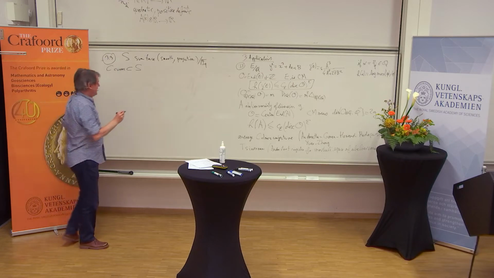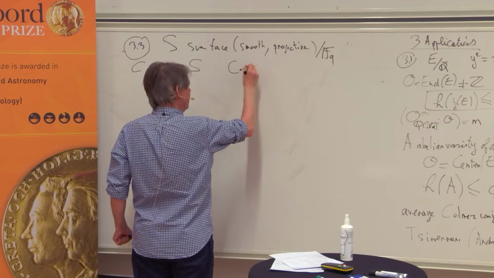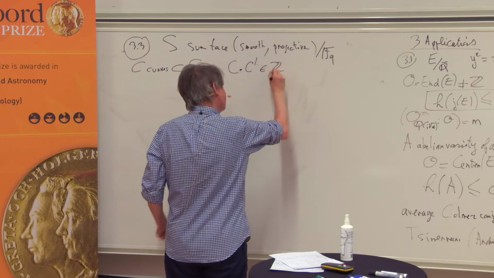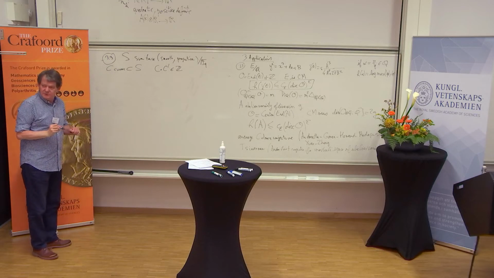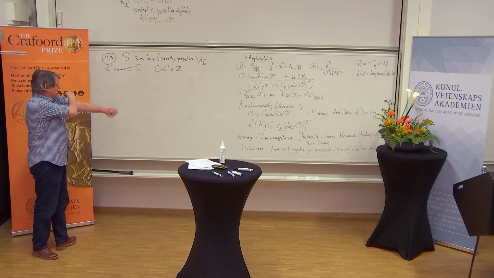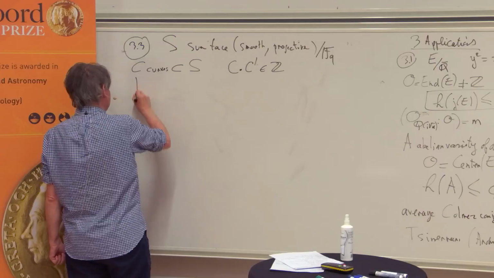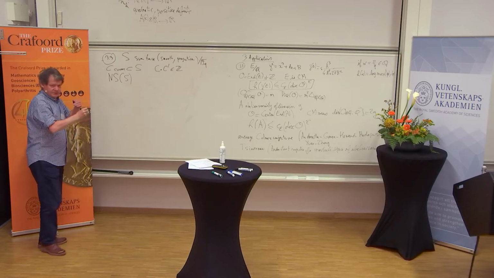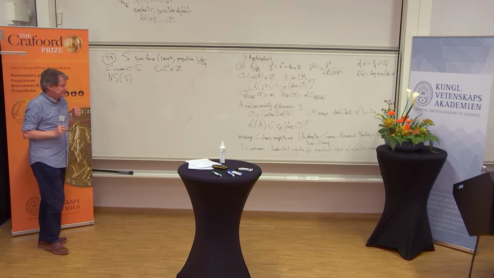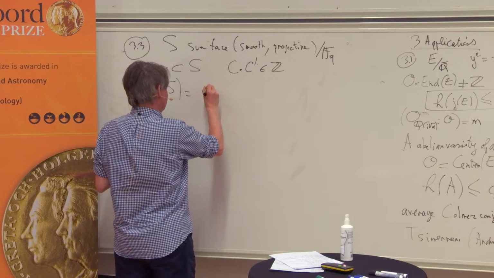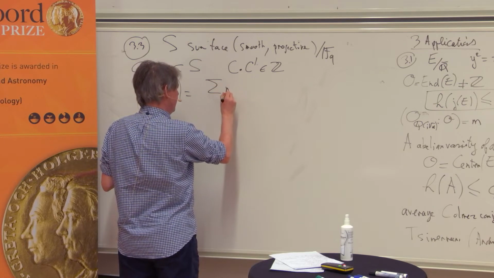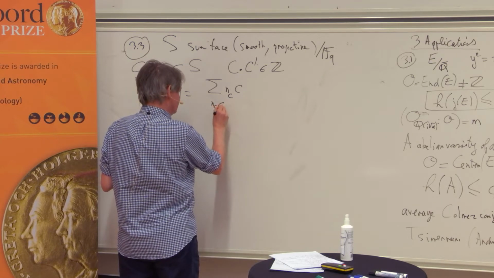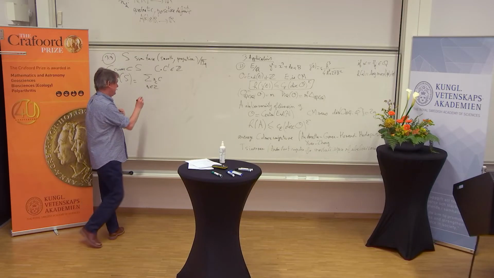And we know how to define the intersection numbers of two curves. So it actually belongs to Z because, well, you take, up to deformation, complete intersections. And if I define the Néron-Severi group as the group of linear combinations of curves, so things that can be written as a sum of n_C C, where C is a curve, and n_C is in Z, and of course the sum is finite.